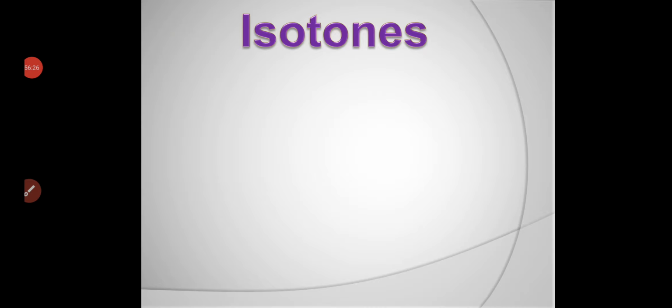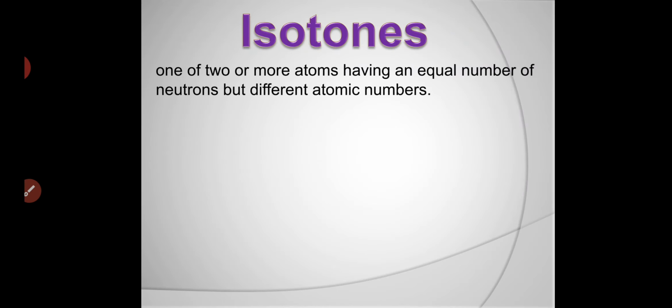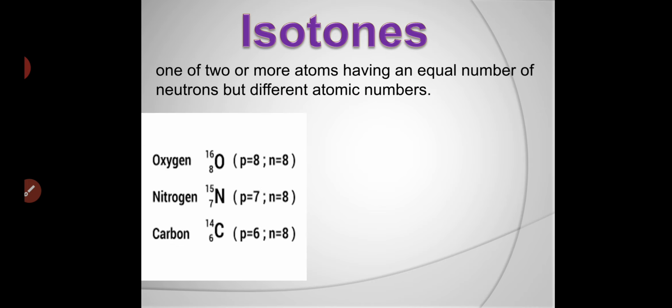So next we are going to study isotones. Isotones are those atoms having an equal number of neutrons, but they differ in atomic number. For example, if you take carbon, nitrogen and oxygen, their atomic numbers are different: carbon is 6, nitrogen is 7, oxygen is 8, but their neutron number is the same.